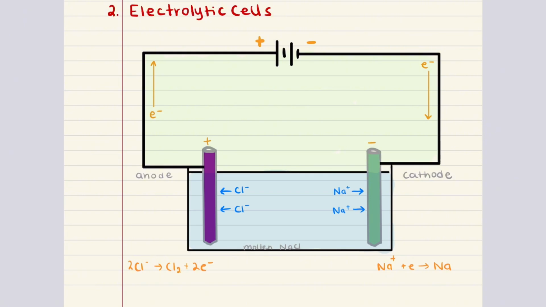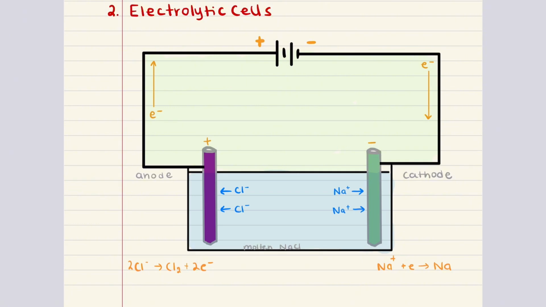Now, as an example, let us look at the electrolysis of molten sodium chloride. This is a fundamental industrial process that's used to produce sodium metal and chlorine gas. This process occurs in an electrolytic cell where an external power source drives the non-spontaneous reactions.